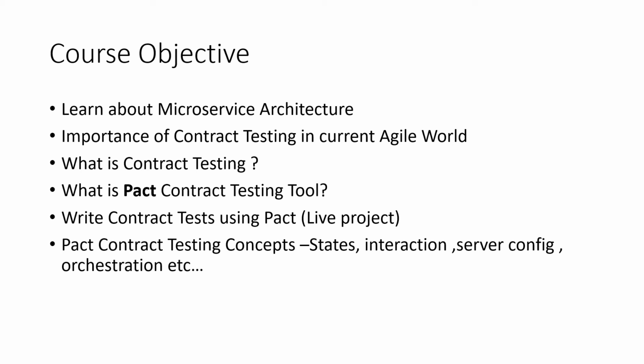We will study both of these architectures in detail in the first section. Then we will move on to the importance of contract testing in the current agile world. We have seen bits and pieces of it; now we will see in more detail, with a live example, why it is required.